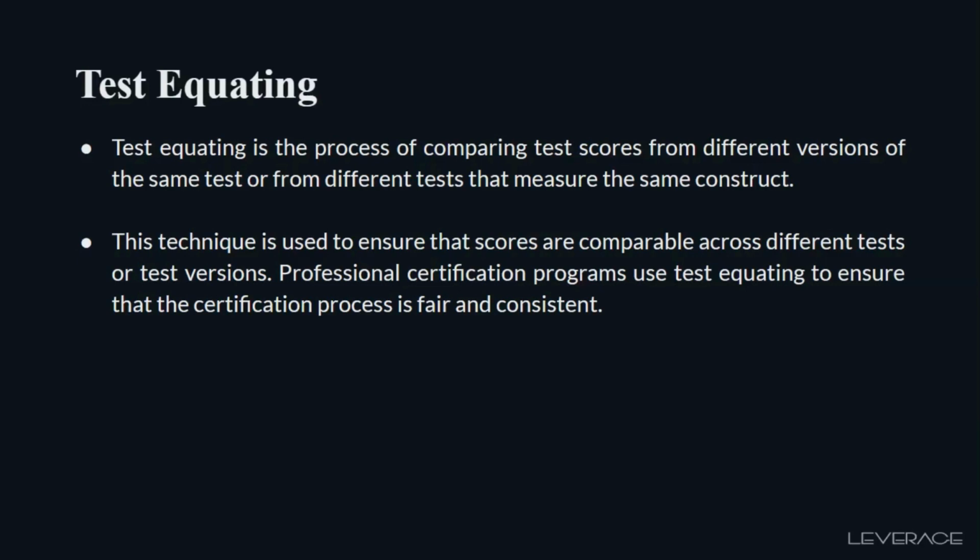These groups will use the same test blueprint, but they will not be in the same room, they will not be in the same location, they will not be doing the job in concert. So group A will be working independently of group B, and so will group C. They will come up with the same type of test, the same items that are supposed to be addressing the same content, but of course you can see that they are just different versions.